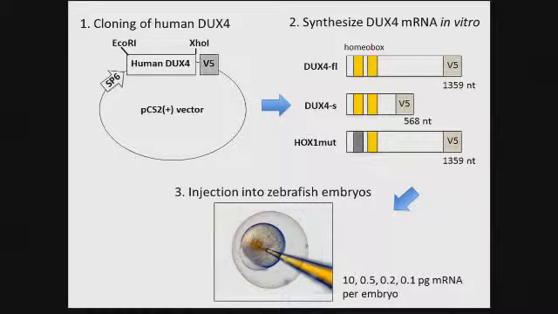And it turns out that, like others have shown in cell culture, in Xenopus, and in other systems, overexpression of DUX4 is extremely toxic. The vast majority, virtually all fish die when you add 10 picograms of RNA to the developing embryo.